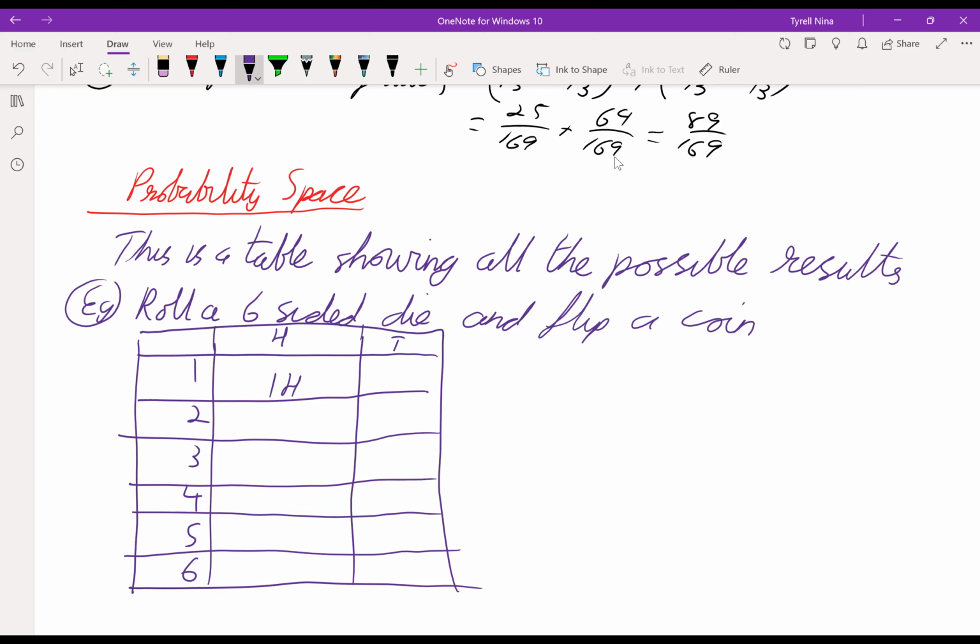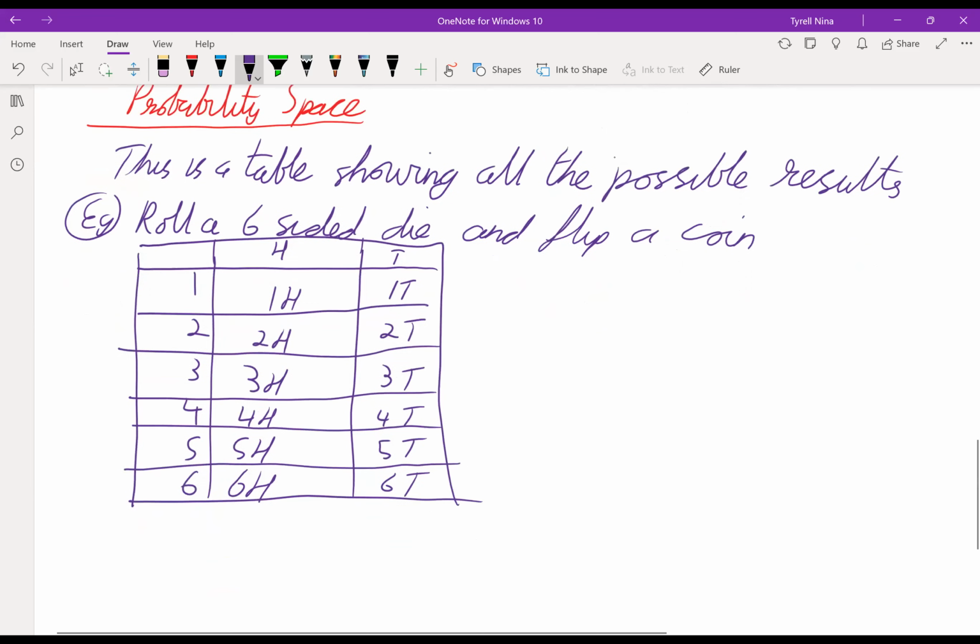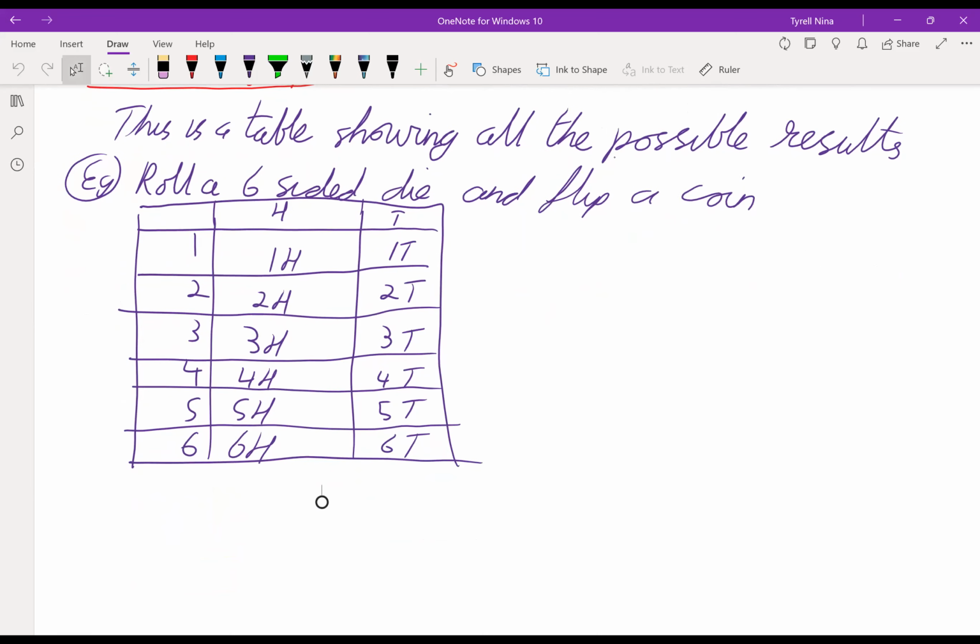So if you get 1 on heads, 2 on heads, 3, 4, 5, 6. So you write out all the possible outcomes.